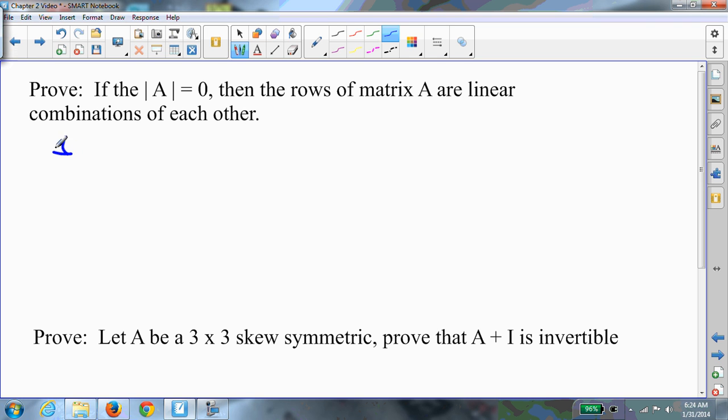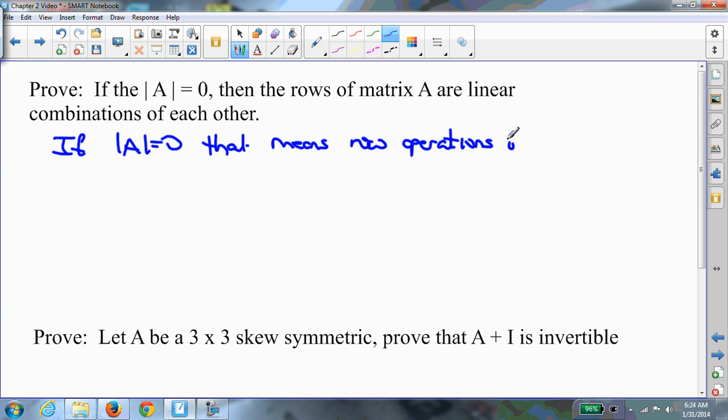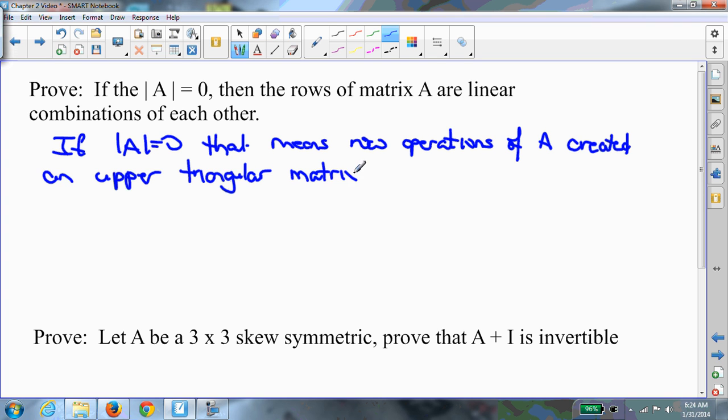That means a row operation on A created an upper triangular matrix with a row of zeros.